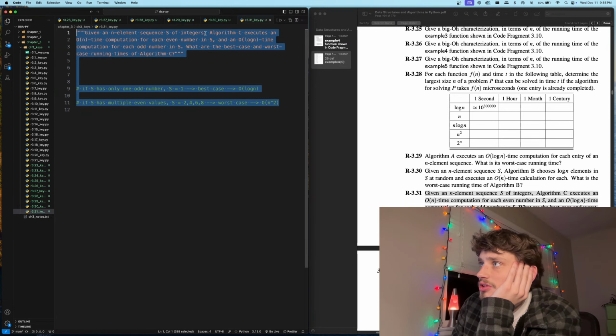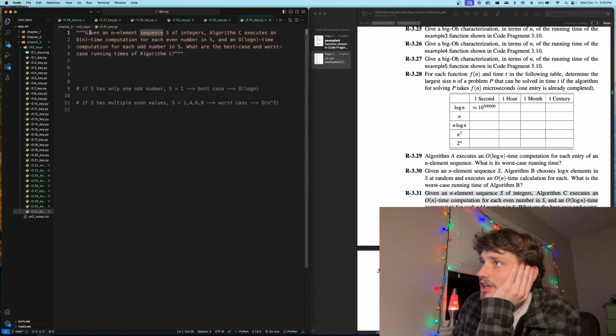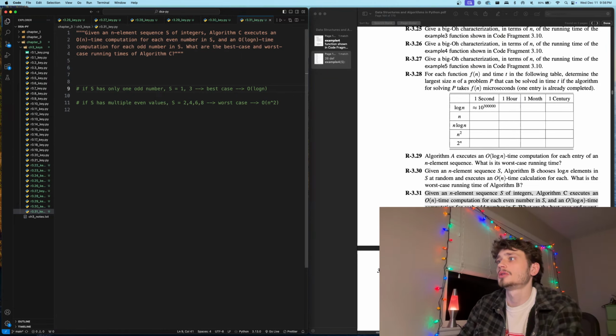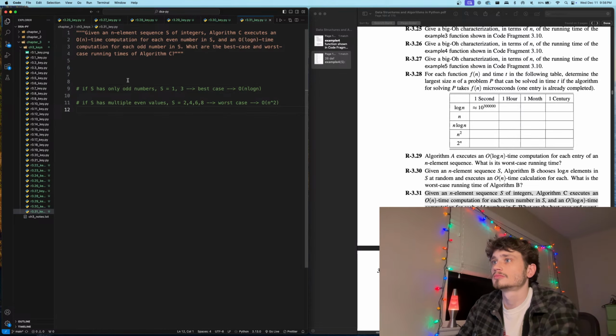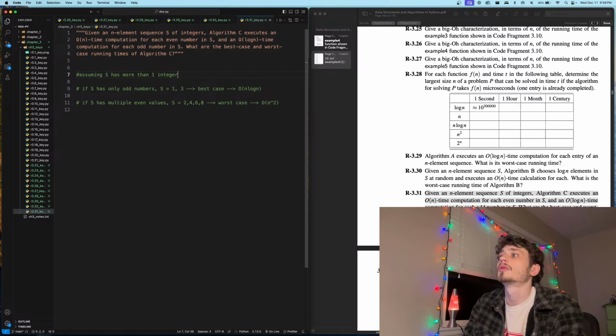Given a sequence of integers, so it's more than one. Odd numbers should be O of n log n. This is assuming S has more than one integer. This is going to be the best case.